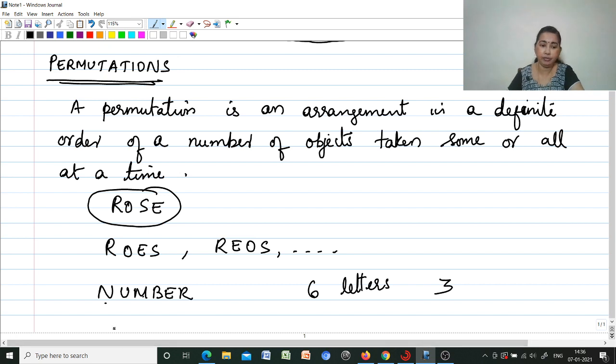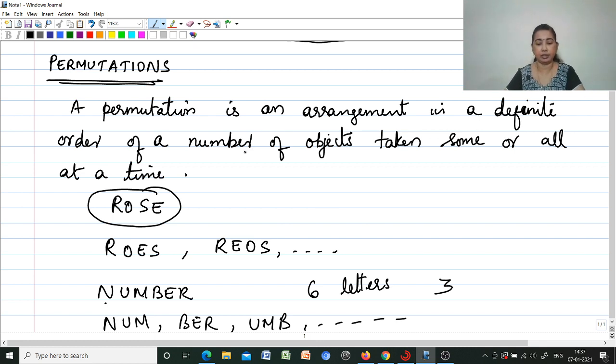So there we can write so many 3-letter arrangements, NUM or BER or UMB, like that so many arrangements we can make. So these are all different arrangements. Every arrangement is different. Now in this they gave us 6 letters and we have to take only 3. So taken 3 at a time, and in the previous one 4 letters are given, all the 4 are taken to make different arrangements. So this is called permutation. It is actually an arrangement.